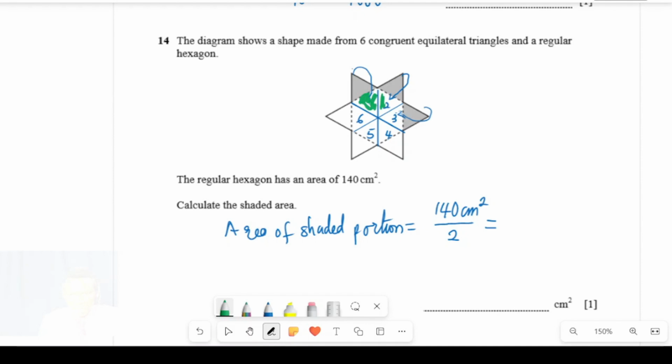Very good. So what portion is shaded? Can you see? That gives us half of 140, which is 70 cm square.